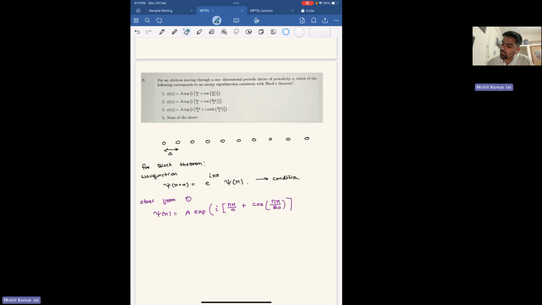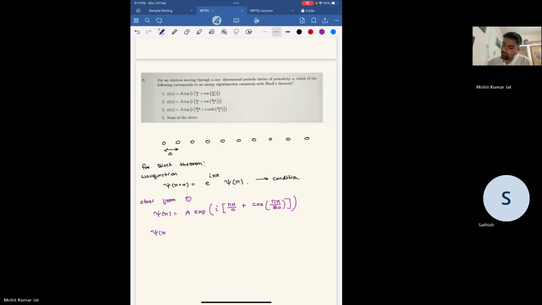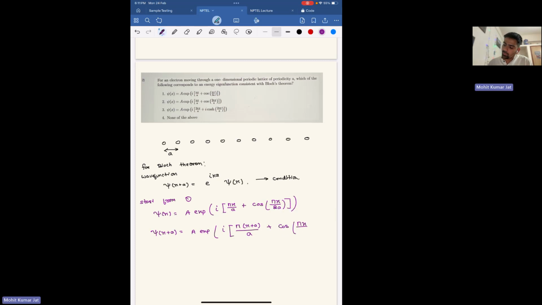So this is psi of x. Now psi of x plus a will be A times the exponential of i pi (x plus a) by a plus cosine of pi x by 2a, where x is replaced by x plus a.